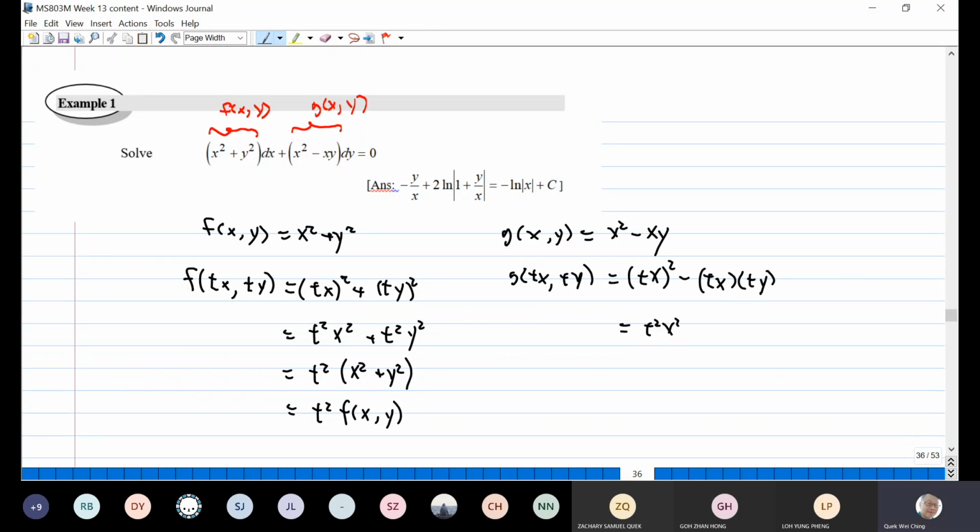t square, x square, and then you go t square, xy. Put on t square, then x square minus xy. So you also have t x square minus y is g of xy, right? So the g xy here.